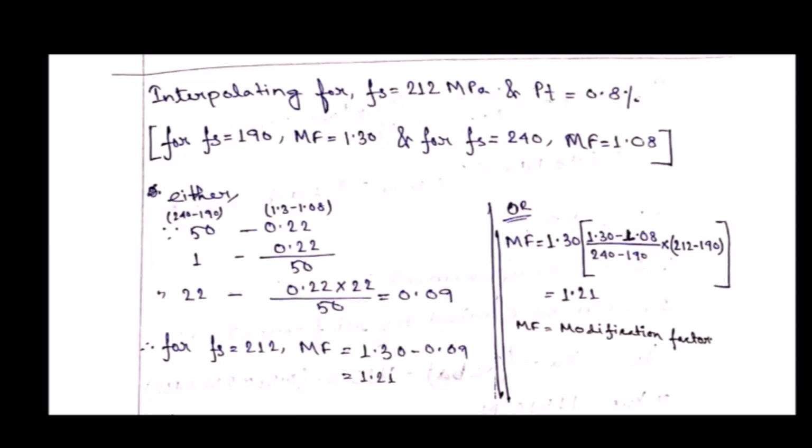So let's check the figure. In this graph, we have to find out for percentage of steel 0.8. Look on the x-axis: 0, then 0.4, then 0.8. 0.8 is given in the line.